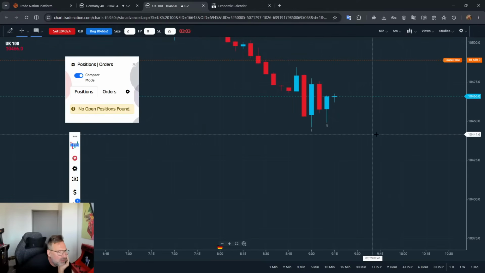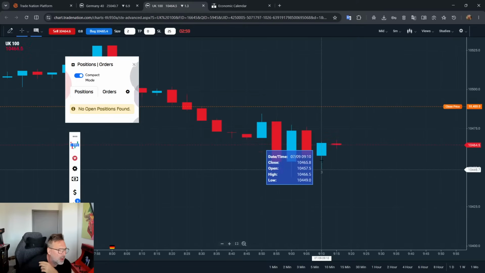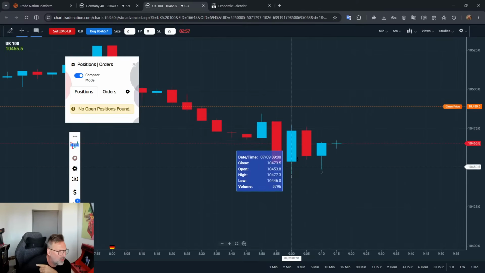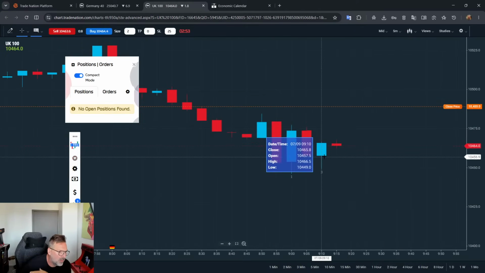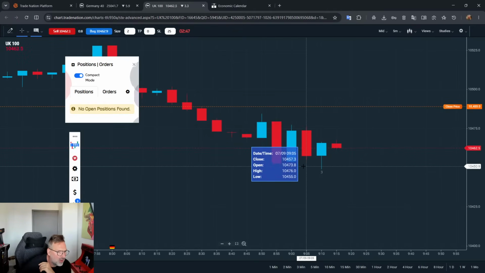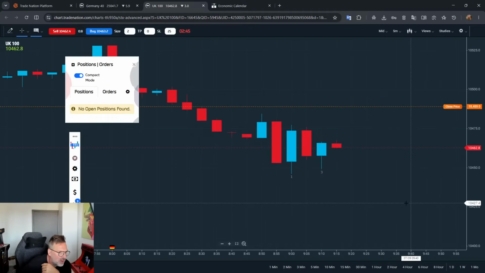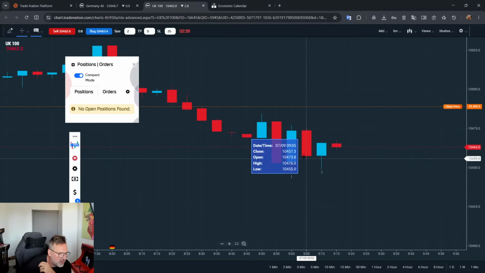I see the second UK 100, the FTSE, second bar inside bar, third bar at the lower shadow broke out a little bit of the confinements of the second 5-minute bar, but the body is still within, right? You can see that here.